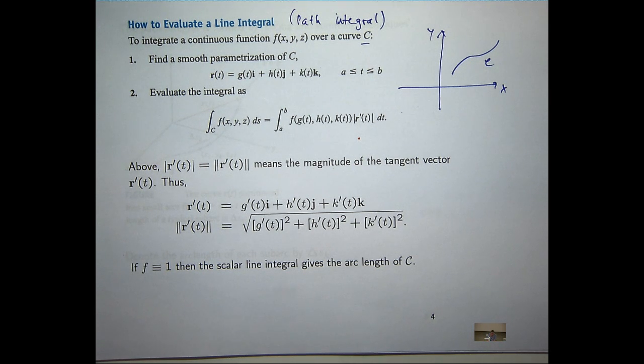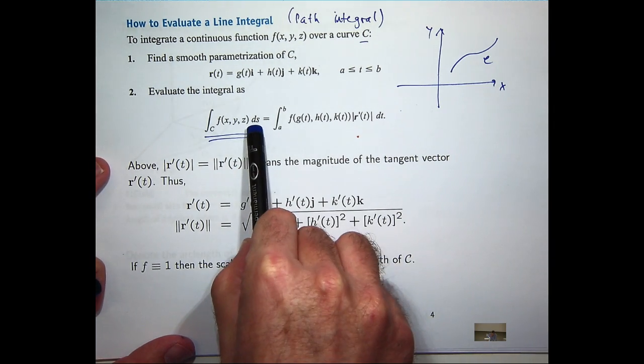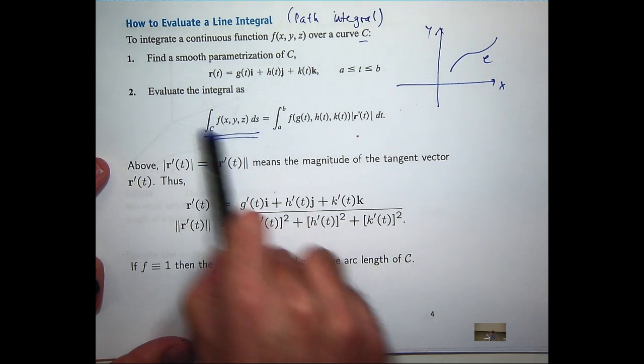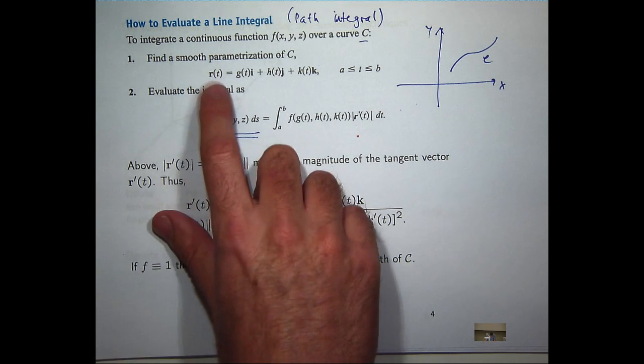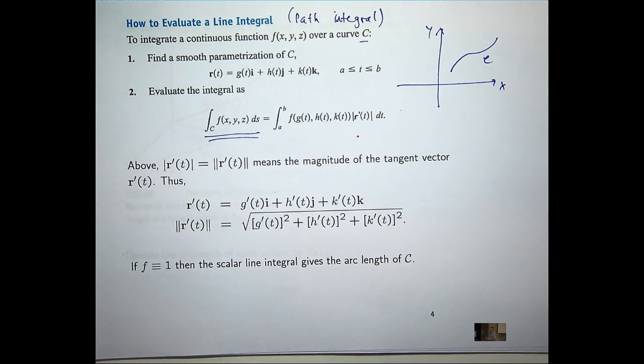And this is the notation we would use. Notice you've got a ds here, and you've got this C here. So this is the general notation for a path integral. To actually evaluate it, you find a parameterization for your curve curly C. In other words, you come up with some vector valued function that describes the curve C.